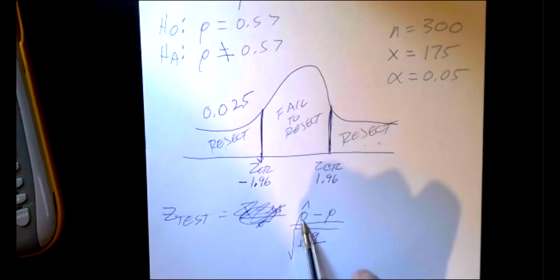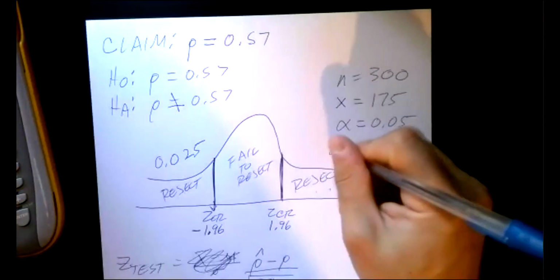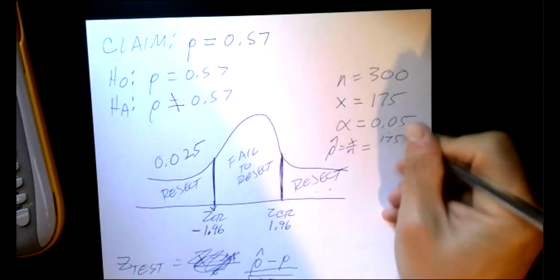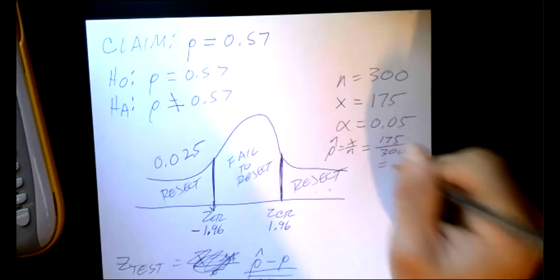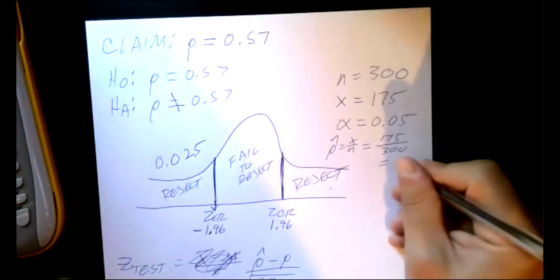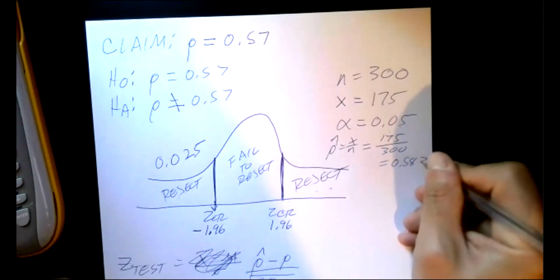Now, right off the bat, we don't have P hat, which is sample proportion. It doesn't mean we can't find it. P hat is simply X over N, which is 175 over 300, which is 0.583.